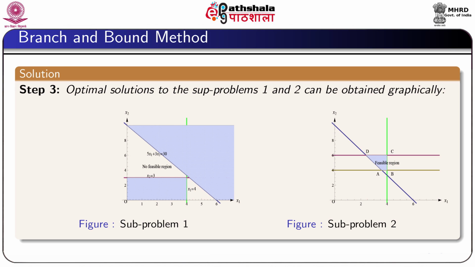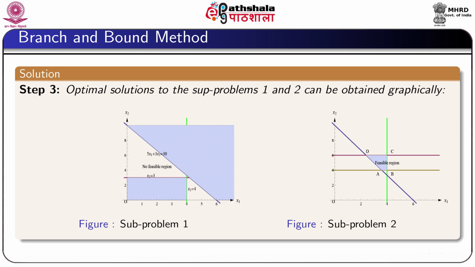The solution of these two sub problems can be obtained by following graphical method. The graph for the sub problem 1 shows that there exists no feasible region for the problem.